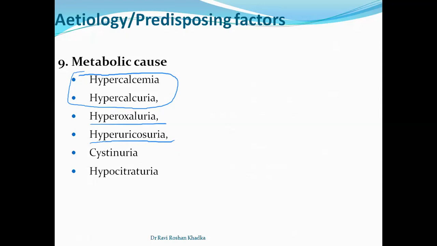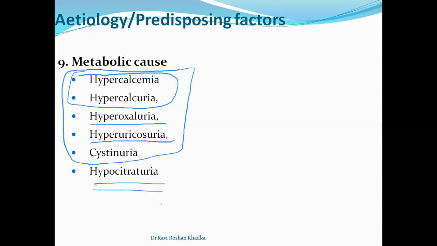See, in all these situations you have seen excess in the urine, but in one situation it is hypo, which means less. Hypocitraturia is a condition where there is a lack of citrate in urine. Citrate is a natural inhibitor of stone formation. Basically, it decreases the formation of calcium oxalate, phosphate and urate stones.